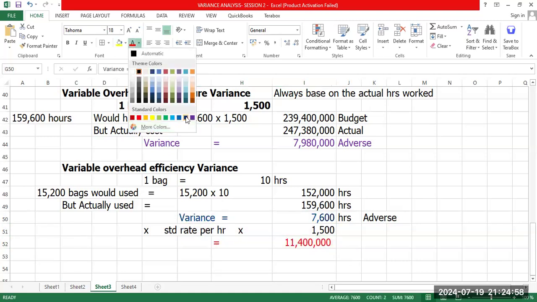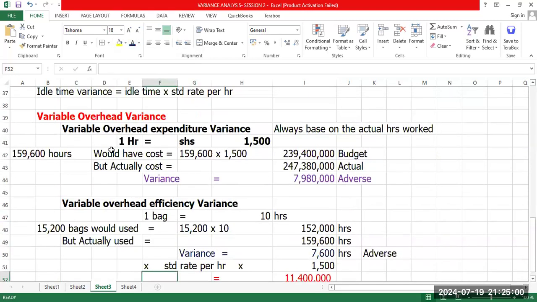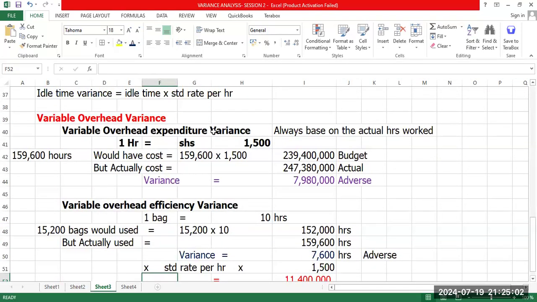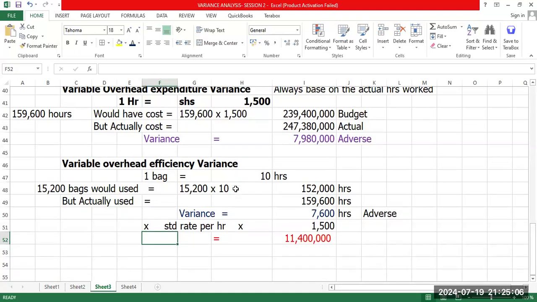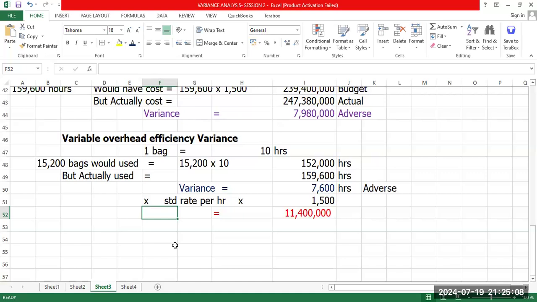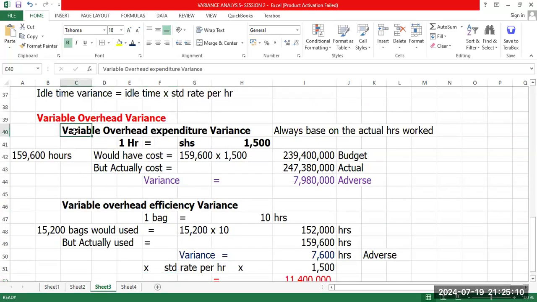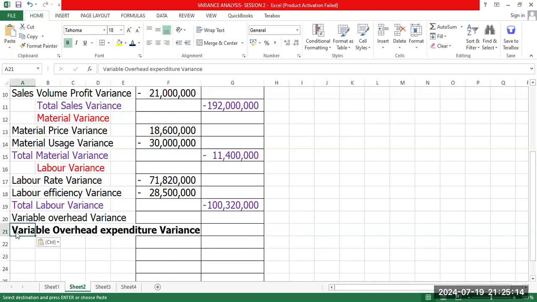That is your answer. So you have variable overhead expenditure variance, you have variable overhead efficiency variance. You can record here.